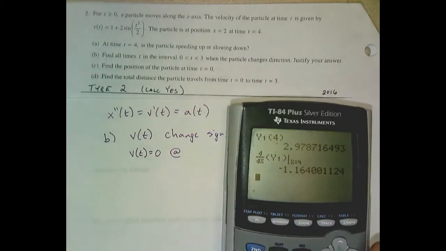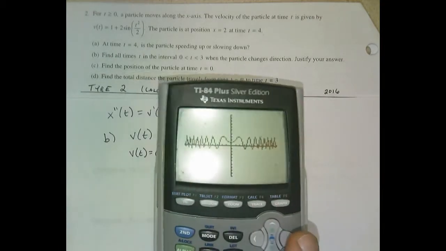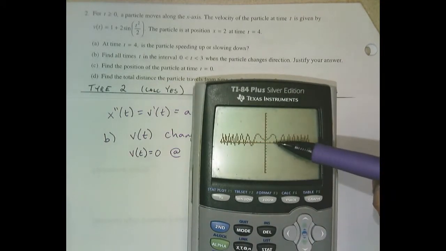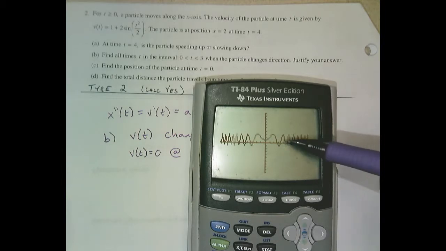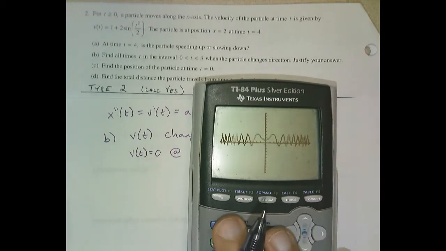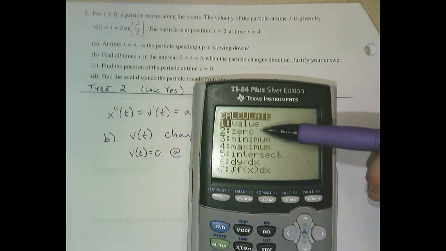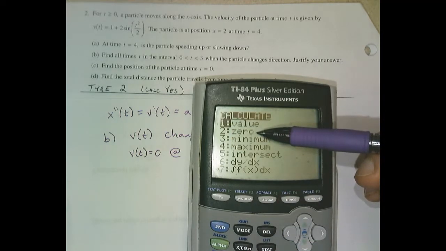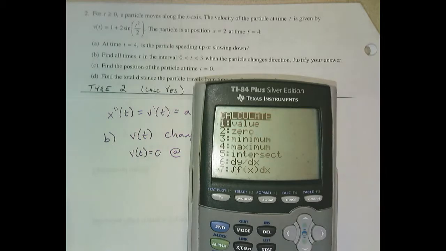Okay? And if we look at our graph that we have, we can see that it changes signs lots of times. V of t goes from negative to positive, or positive to negative, and so on. But between 0 and 3, there's only one time that it changes signs, and we want to know where that time is. So we're going to ask the calculator to tell us what the 0 of the function is between 0 and 3. So if we press second trace, we can call upon the function zero to find the 0 of the function.